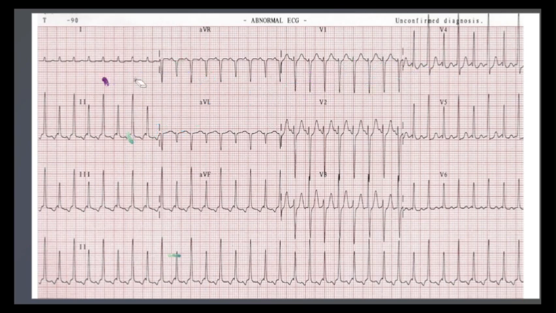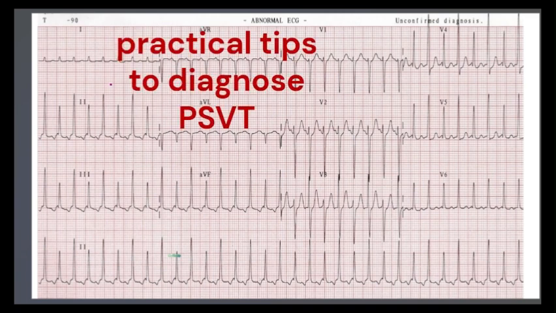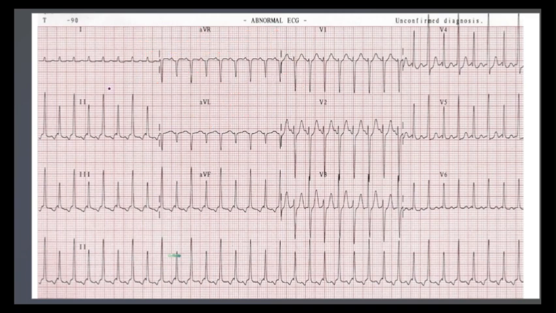But it is definitely difficult to identify this inverted P wave in all ECGs. To diagnose this condition better, just look at the rate, which is higher, and you cannot see any P wave. I mean, superficially you cannot see any P wave.